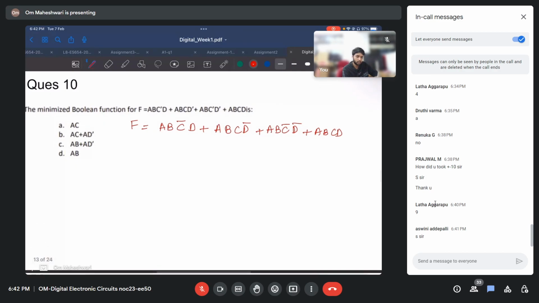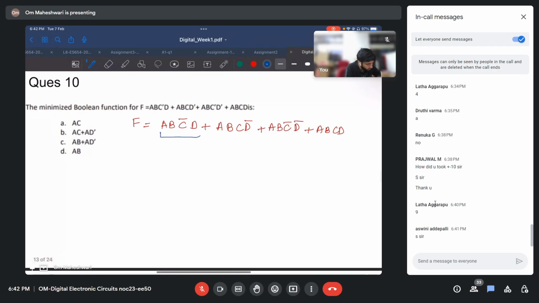So okay. How do we proceed with solving these questions? We take common terms from any of the expressions that we can find, and we try to reduce it as much as possible. So let us see, these two and these two have common ABC bar.